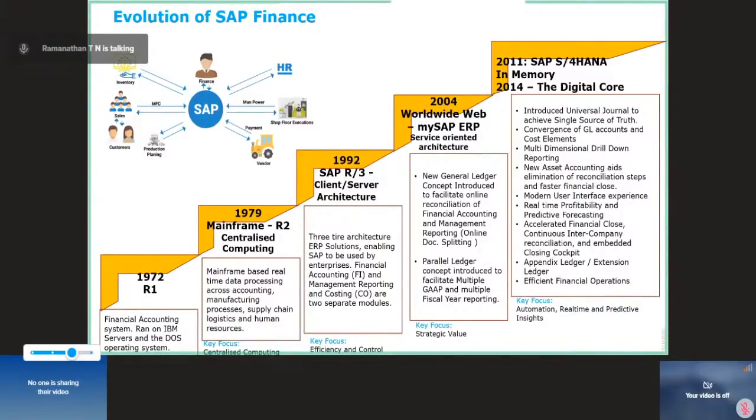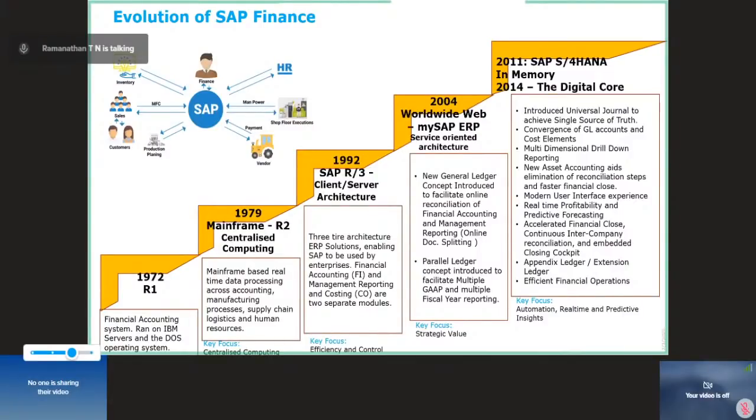As the .NET world evolved, in 2004 SAP brought in worldwide mySAP ERP solutions. From the finance perspective, a good amount of re-engineering happened with the IFRS evolution and IFRS convergence standards being laid down.